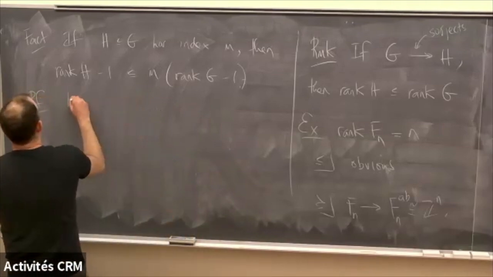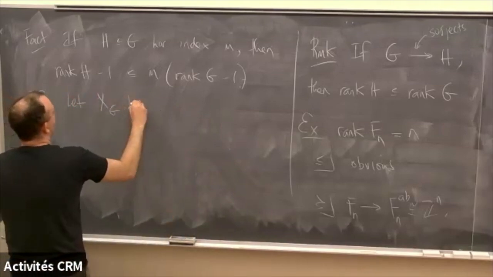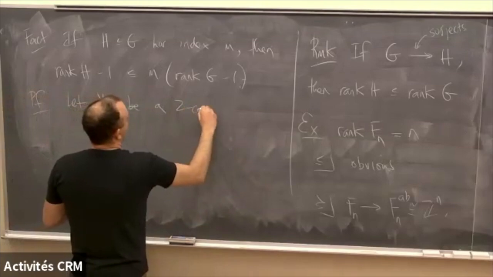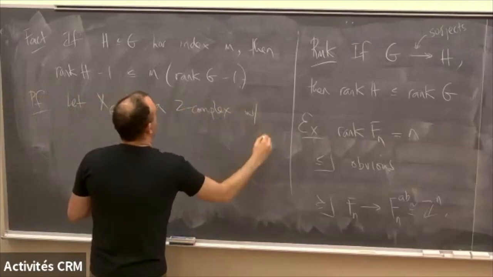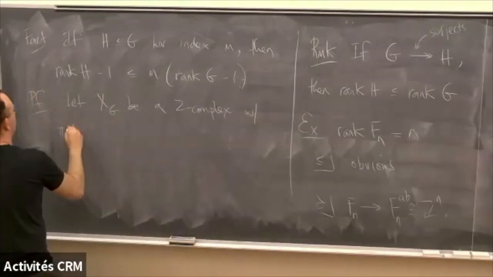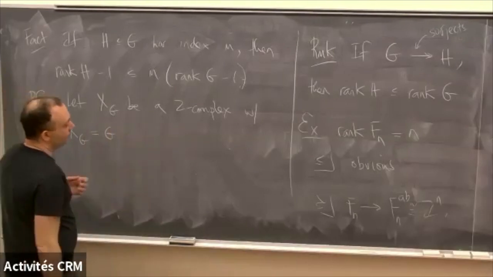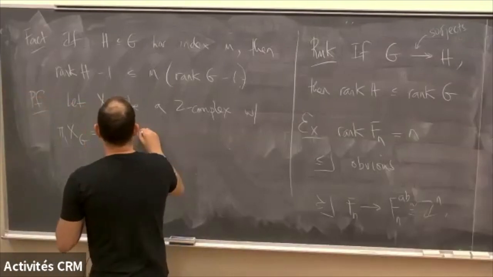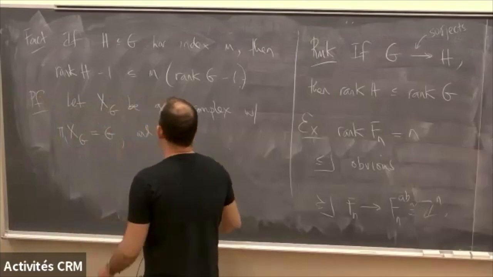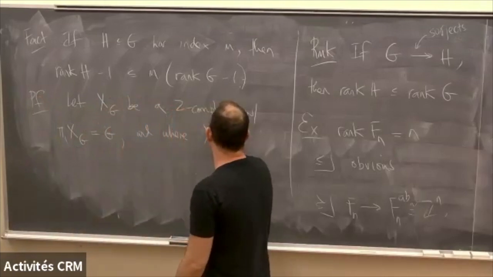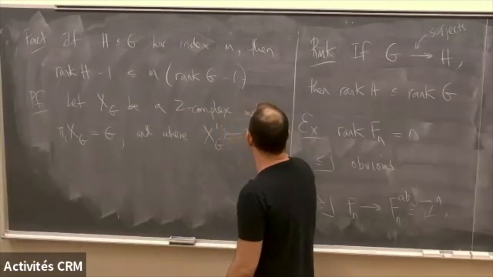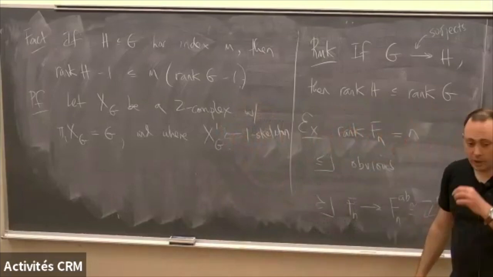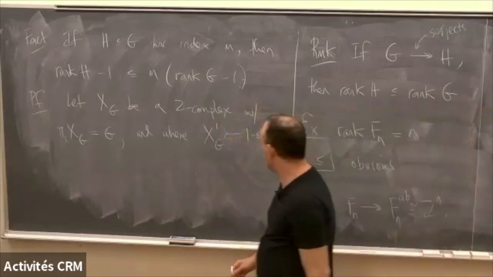All right, so let's let X_G be a 2 complex with pi_1 of X_G equal to G, and where the one skeleton is a wedge of rank G loops.